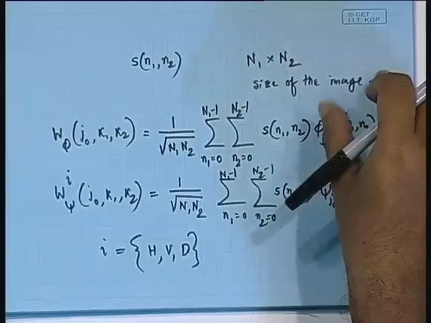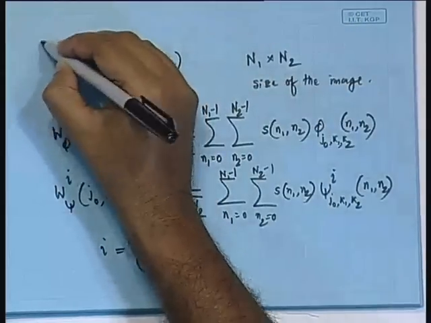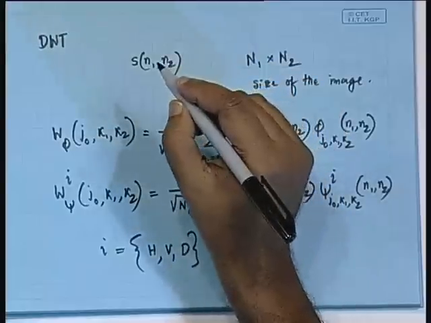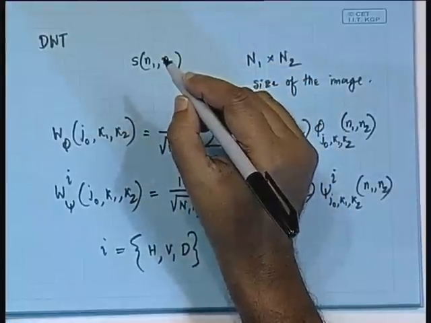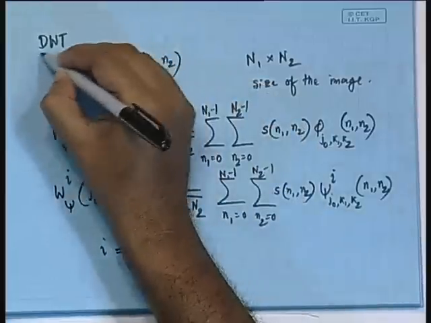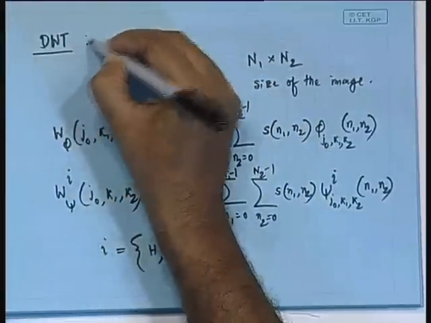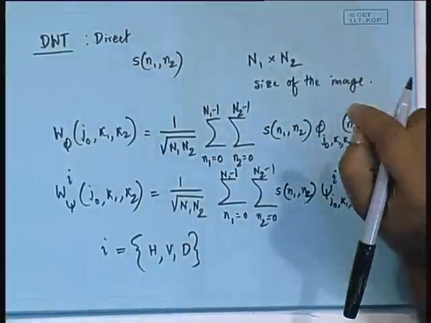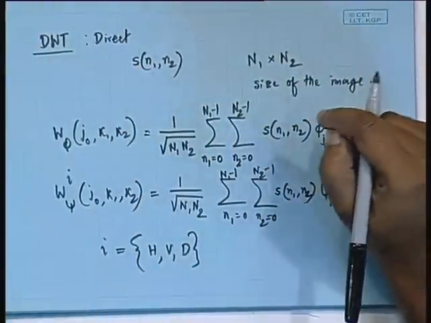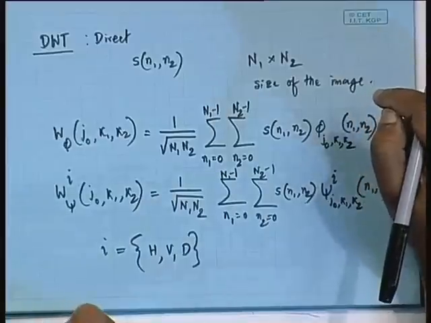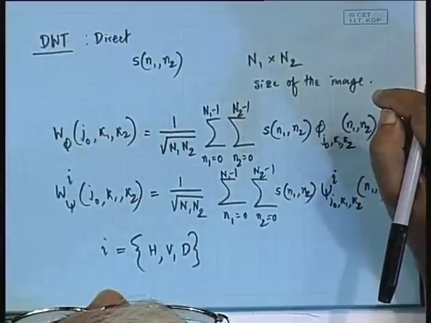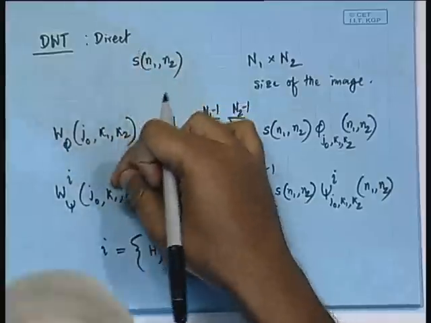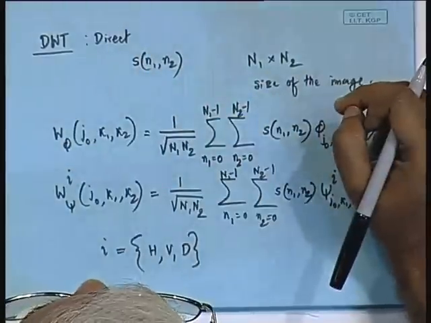images. Now, having known this transformation, which we can call the direct DWT as applicable on the images. So, this is the DWT in the direct form, and because it is a reversible transformation, we should be able to recover S n1 n2 given this W phi and the 3 W psi.